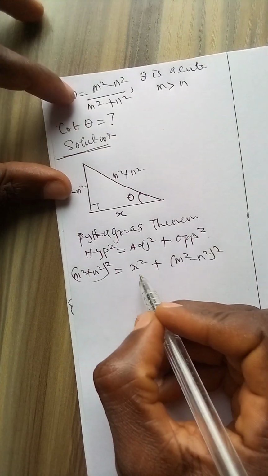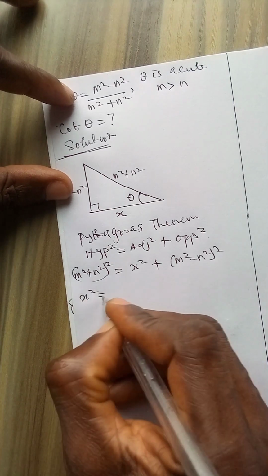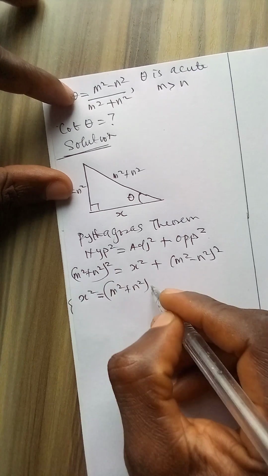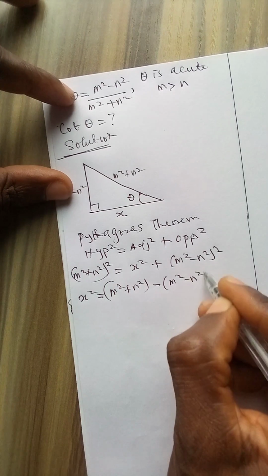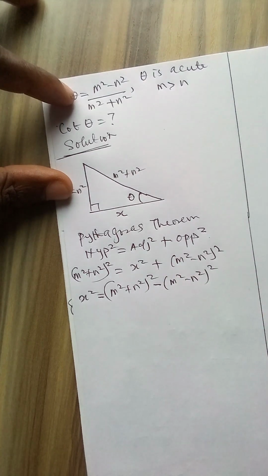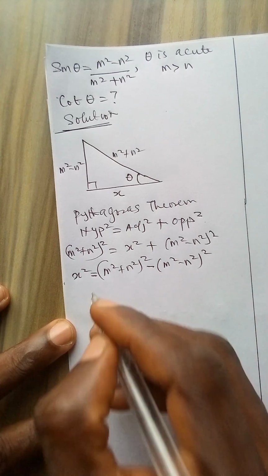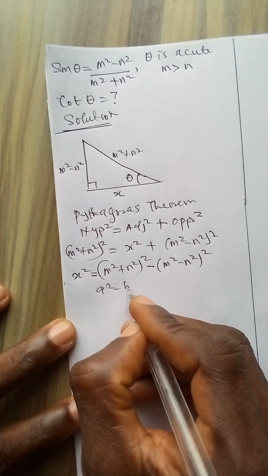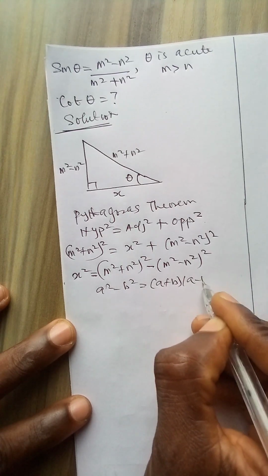Now, let's find an expression for x. So, x squared will now be m squared plus n squared minus m squared minus n squared. Let's square them. We now have an expression for difference of two squares. Let's remember that in difference of two squares, a squared minus b squared will be given as a plus b, then a minus b.